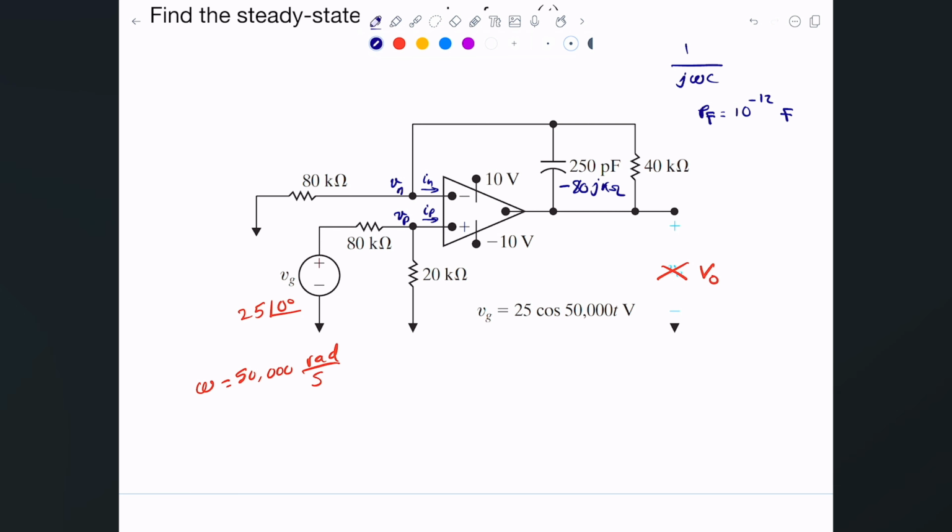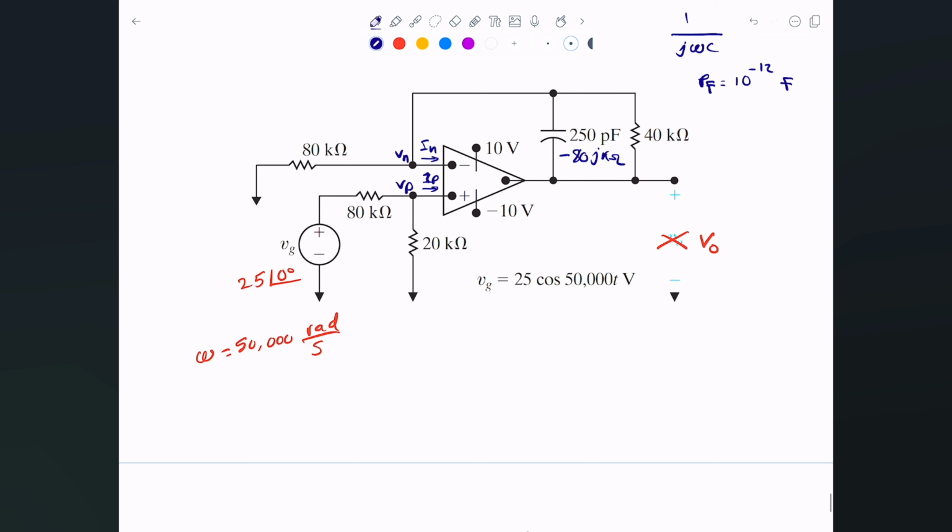Okay, so now what do we know? Now we have V of P and V of N and I of N and I of P, but we're going to write them in uppercase letters, because now we are in the phasor domain. Can we actually figure out what V of P is? We can just apply voltage division, because the 80 and the 20 are in series, since the I of P is just 0 in here.